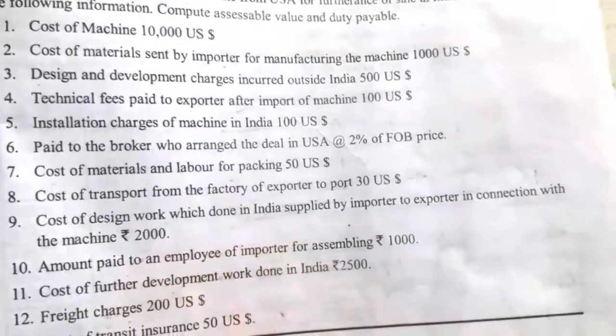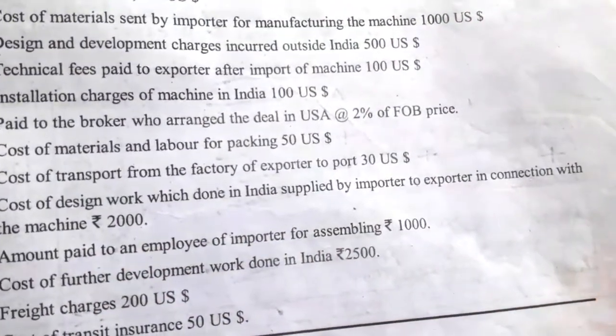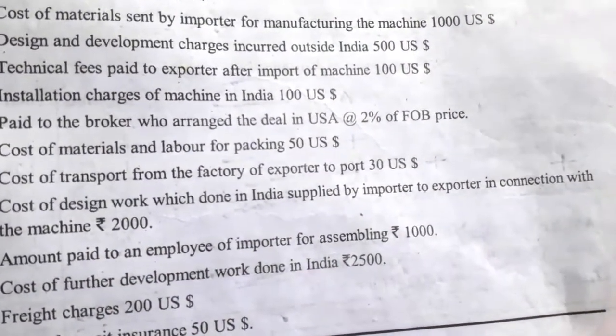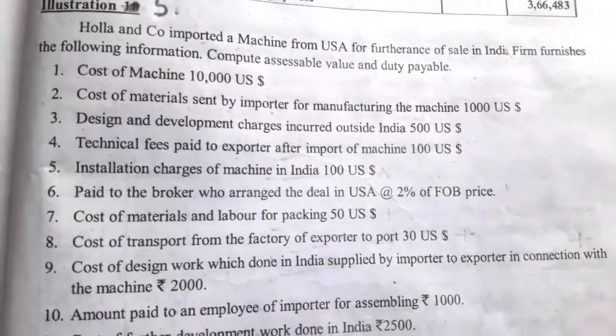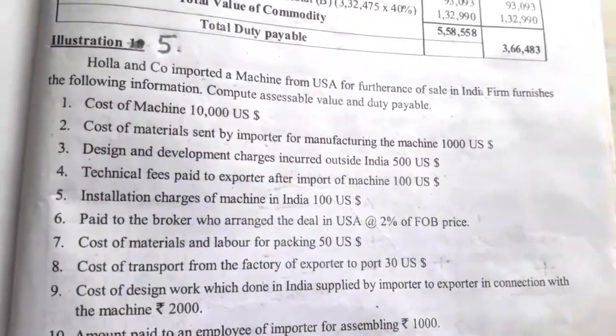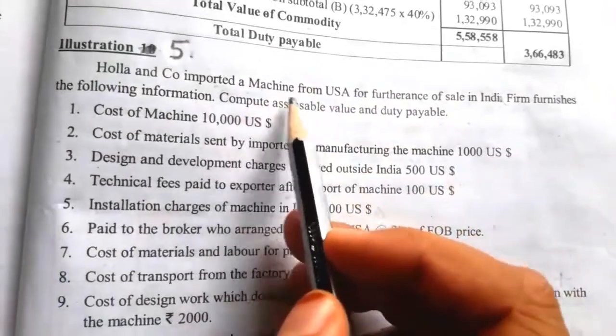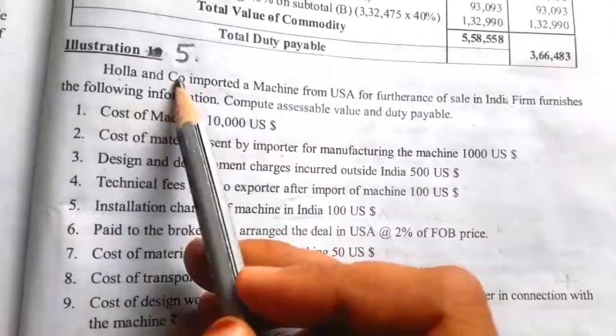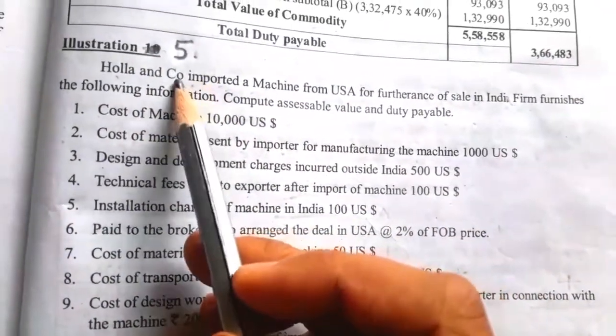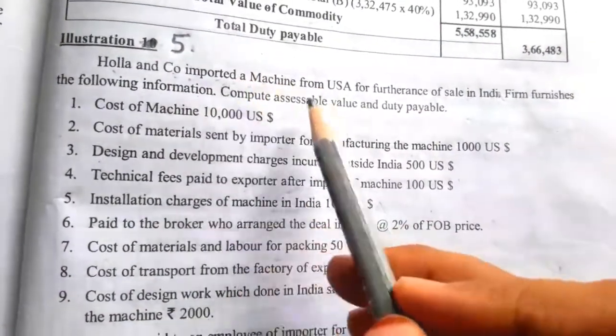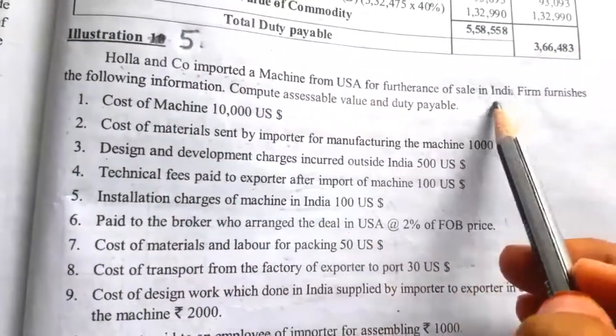So with this information we have to compute the assessable value as well as the custom duty payable. To find the custom duty payable, we have to compute the assessable value. So here Holla and Company imported a machine from USA. Holla and Company is the name of the importer. It imported a machine from USA for furtherance of sale in India.